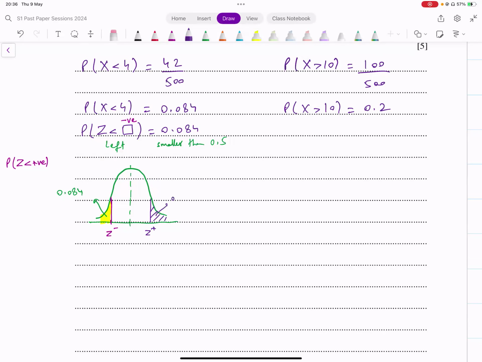This is also 0.084. We can't find this area from the table either. So what do we do then? We say, if this is 0.084, the area to the left of this positive value of Z, how much is that going to be? 1 minus 0.084, that is 0.916.